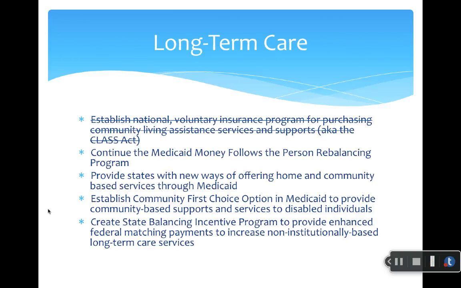Now, one of the areas that the Affordable Care Act attempted to deal with is the industry of long-term care. But unfortunately, the CLASS Act, which was a component of the Affordable Care Act to develop a separate voluntary health insurance program for assisted living and long-term care, ultimately, in the implementation of the Affordable Care Act, the Department of Health and Human Services decided to scuttle that because it was just too much to do.